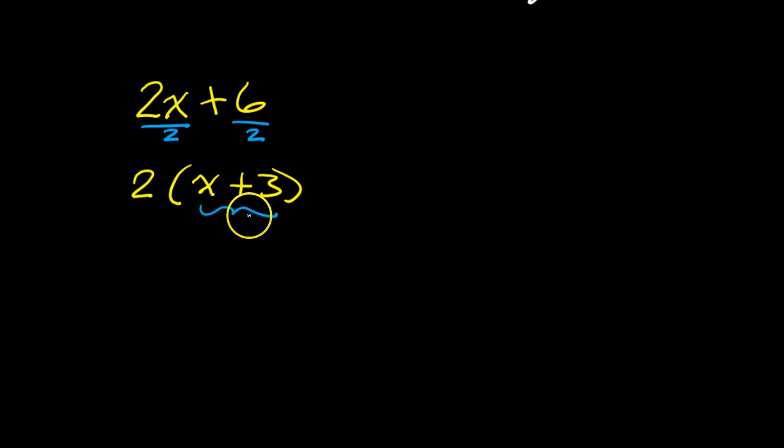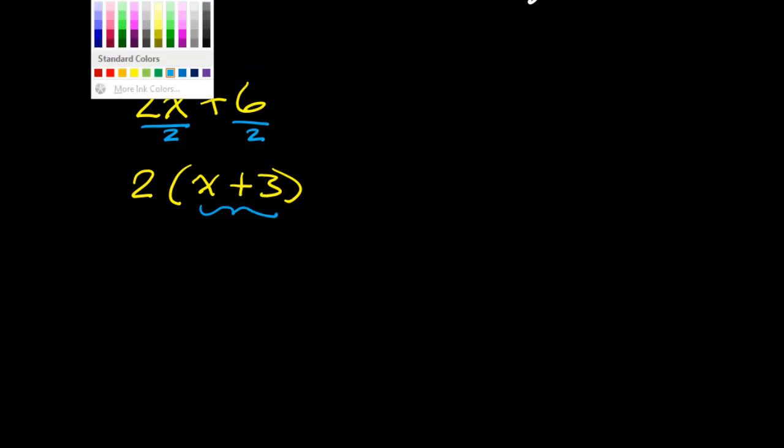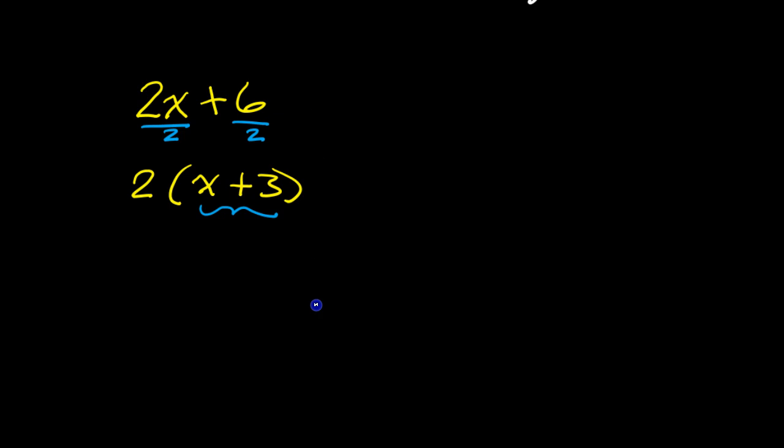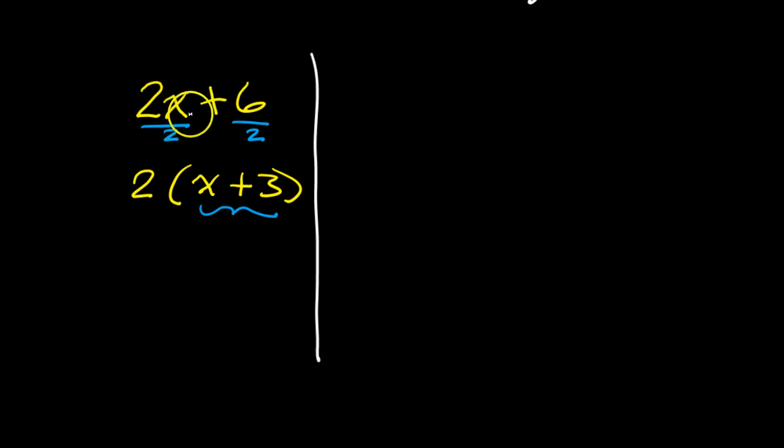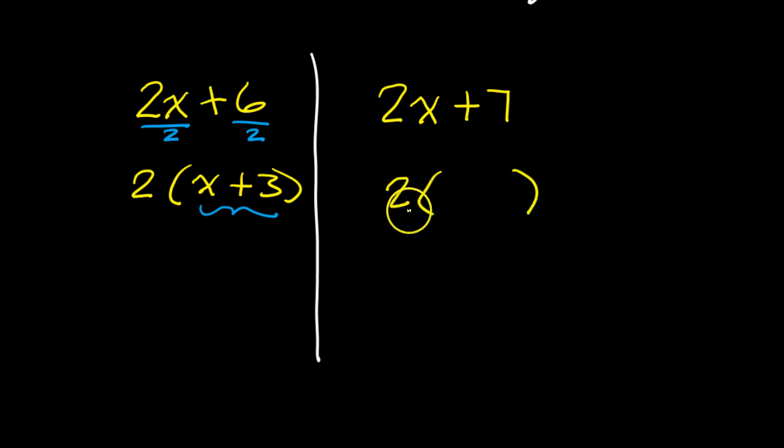Now, thinking of it that way will help me understand what to do if I wind up with numbers that are not so obvious. So imagine that instead of 2x plus 6, I had, let's say, 2x plus 7. But let's say for some reason I still really wanted to pull that 2 outside of the parentheses.